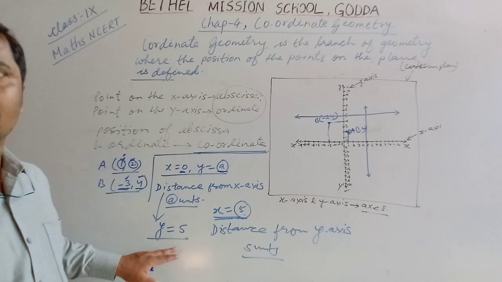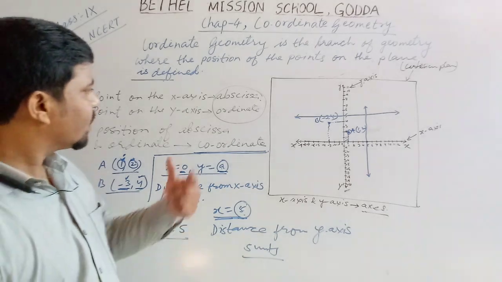If y equals something other than 0, that distance is taken from the x-axis.